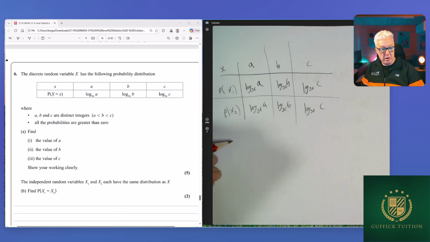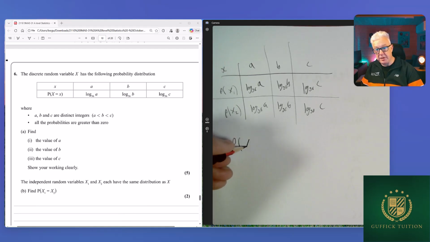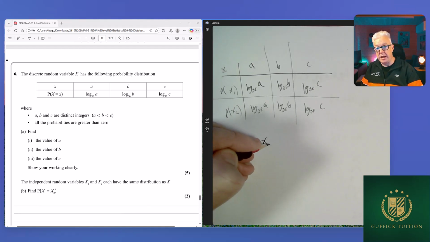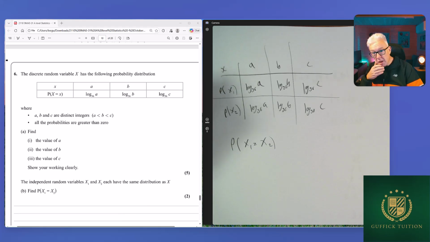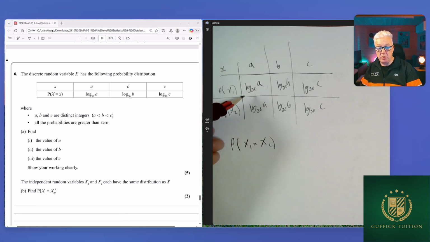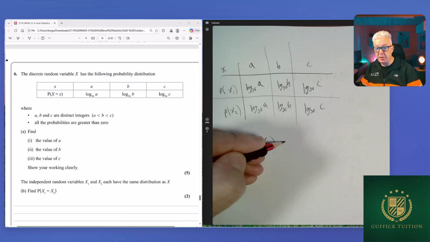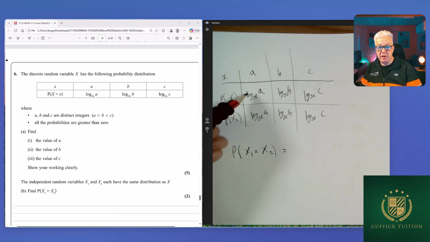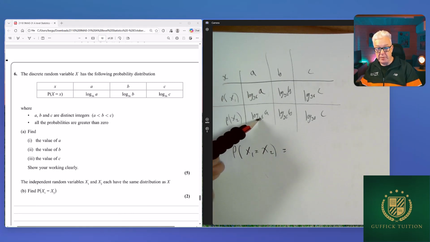So we've got to find the probability that x1 is equal to x2. Now, we could basically have the probability that they're both equal. There's a number of different ways it can happen. Either they are both a, in which case the probability of x1 is log 36 a and the probability of x2 is also log 36 a.